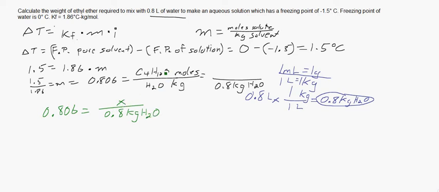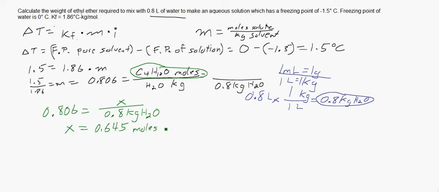So we now can actually calculate this molar value. How many moles is this? By just doing this math, you multiply 0.8 times 0.806, and you'll find that X is just 0.645. And we now know that that's that value right here.